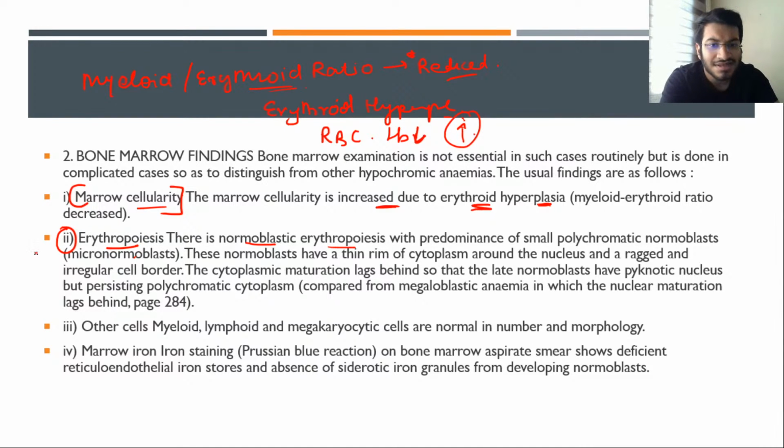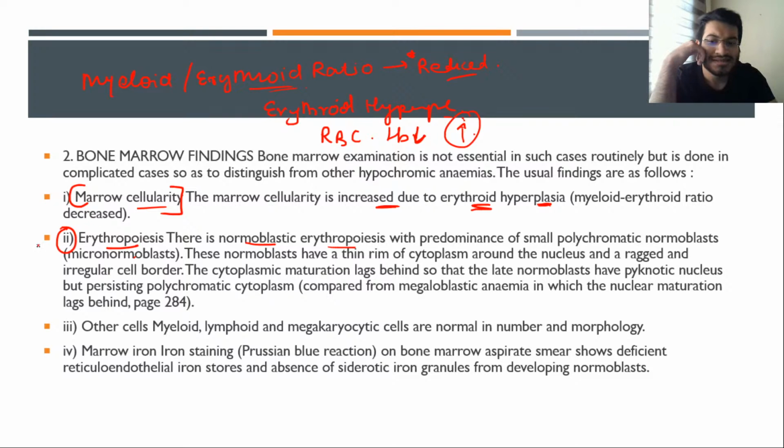These normoblasts have a thin rim of cytoplasm around a nucleus and a ragged, irregular cell border. The cytoplasmic maturation lags behind, so that the late normoblasts have a pyknotic nucleus but persisting polychromatic cytoplasm.